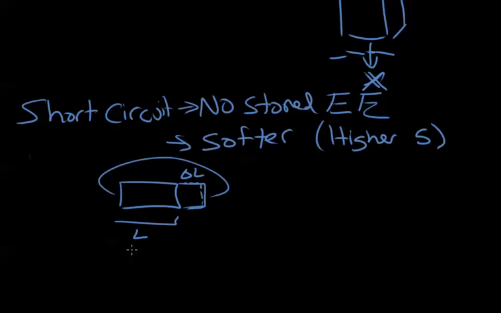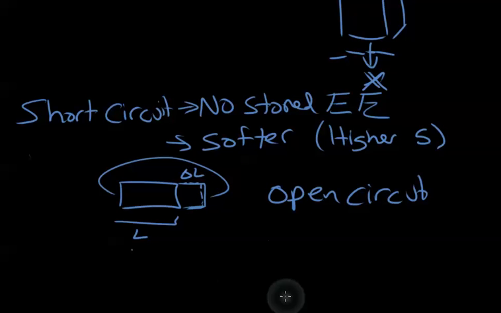Because you short circuited, you don't store electrical energy. Whereas normally, when you're pulling on it in an open circuit condition, you have to accumulate both mechanical and electrical energy, so it seems really stiff. Because if you introduce, let's say, 5 microstrain, that 5 microstrain is going to cause both electrical energy and mechanical energy to be developed. Therefore, it seems stiffer.